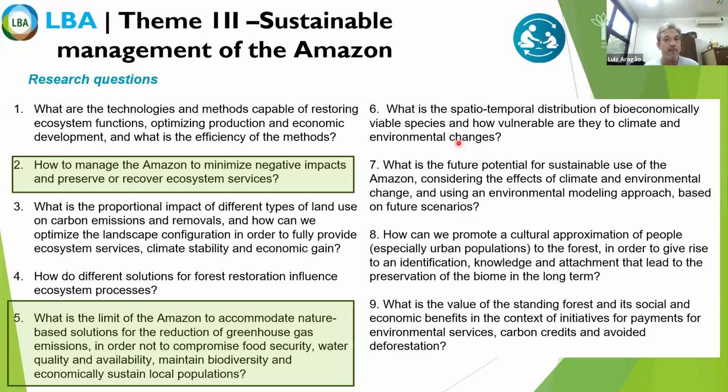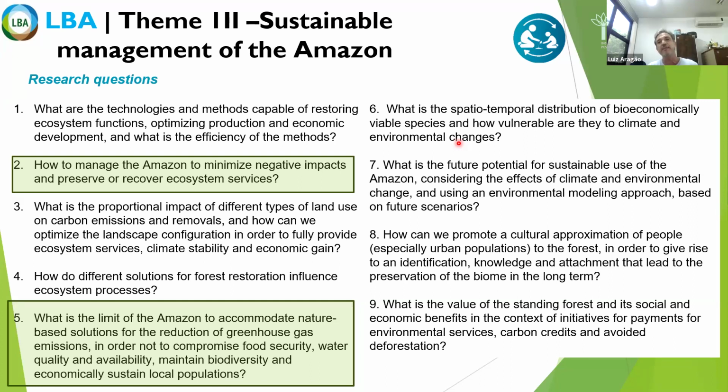So third and last theme is related to the sustainable management of the Amazon. Once we know about the change, so how can we revert or maintain the processes that are going on there? So one of the questions can be, for example, how to manage the Amazon to minimize the negative impacts and preserve or recover ecosystem services.